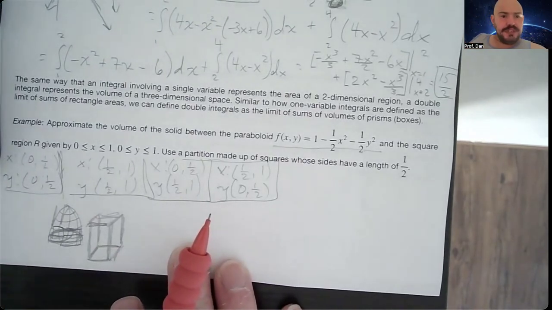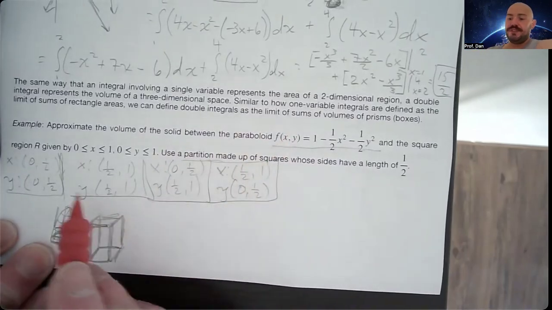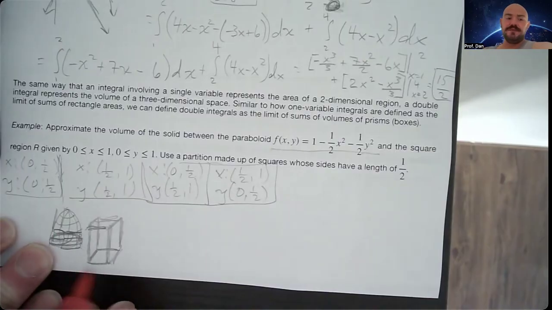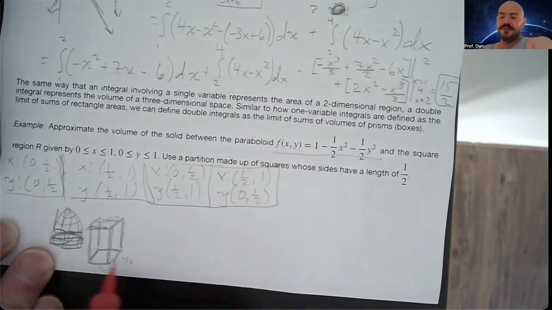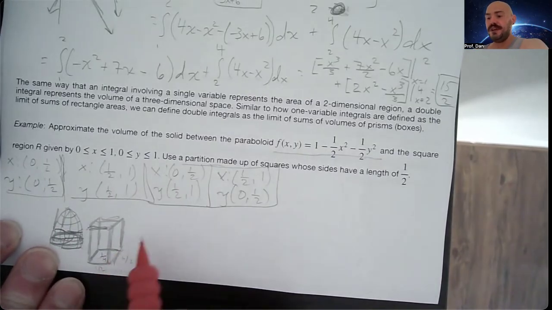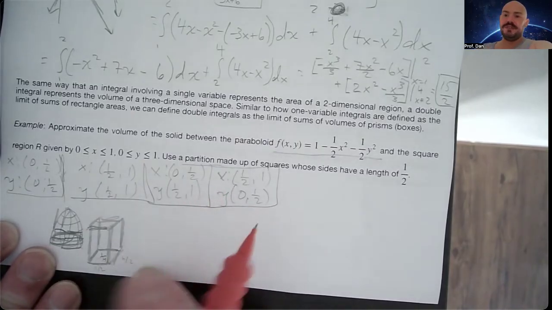We know that the area of each of these bases is going to be 1/2 times 1/2, right? So no matter what, these side lengths are all 1/2. And that tells me that the base has an area of 1/4. So I have to multiply that by whatever f of these different things gives me.